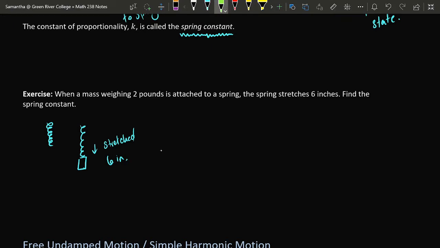So in this case, the force which we applied to the spring is the weight force of the object. The weight force, which here is given in the units of 2 pounds. As a result, the spring stretched by an amount that's equal to 6 inches.